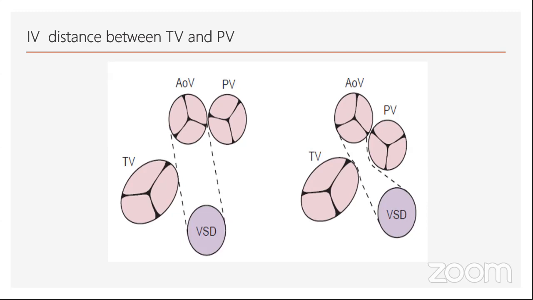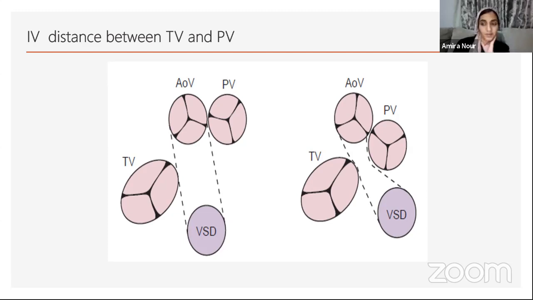So the distance between the VSD and the great vessels is significant, and this whole pathway and its diameter is significant. We need the pathway to be at least equal to the diameter of the annulus that the VSD is directed to, so that there's no pathway obstruction in the middle.